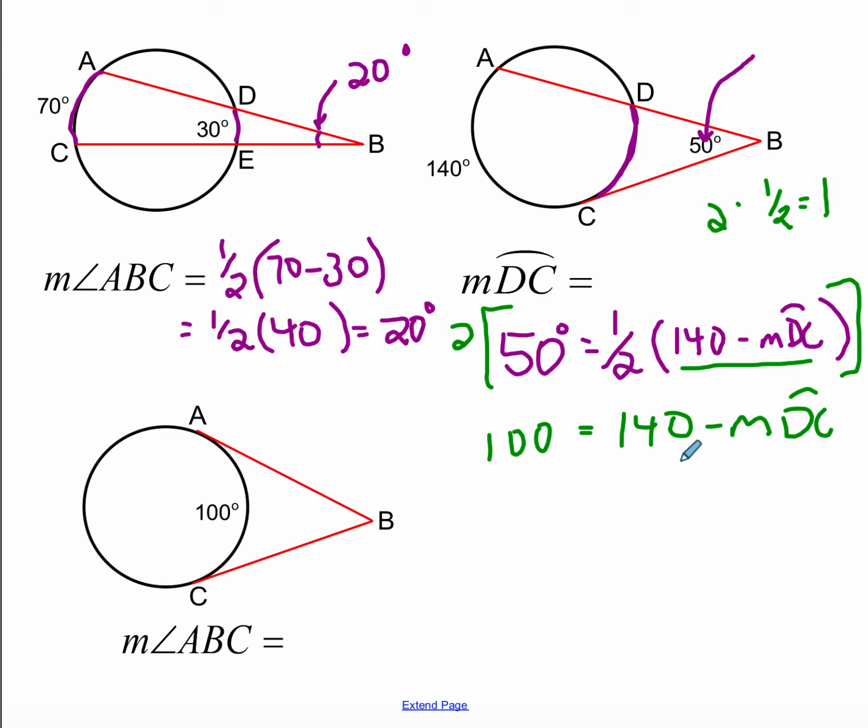All right, so now I need to get this by itself, so I'm going to add the measure of arc DC to the other side, and subtract 100 from both sides. And when I add this over here, I get the measure of arc DC is 140 minus 100, which is 40 degrees. Okay, so the measure of arc DC is 40.